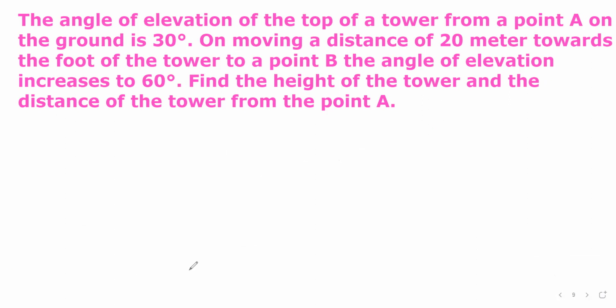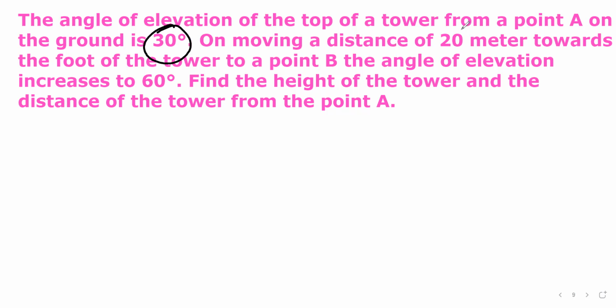The next question is on angle of elevation. The angle of elevation of the top of the tower from the point A on the ground is 30 degrees. So here we have to mark it 30 degrees.